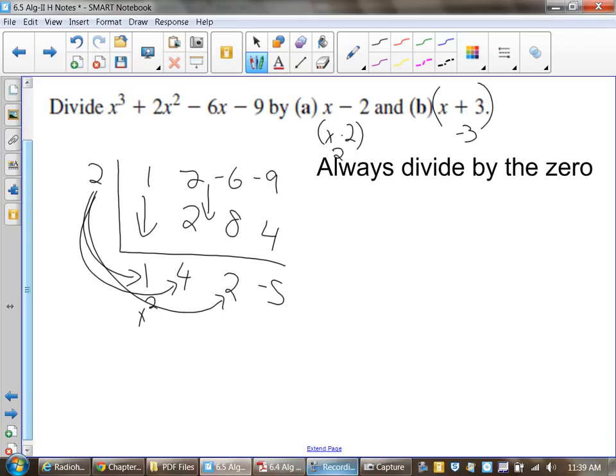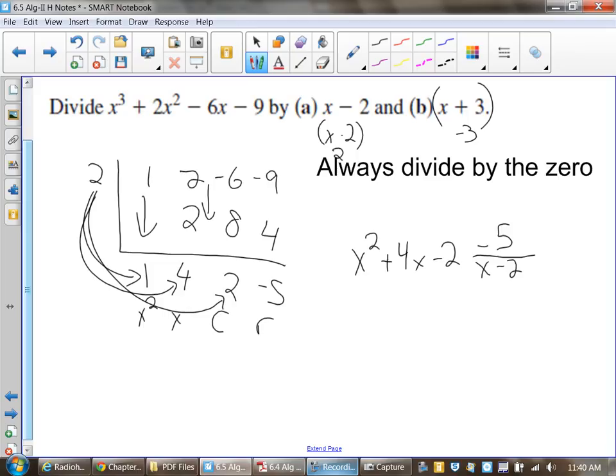So this is your x squared, this is your x, this is your constant, and this is your remainder. So if I divide x cubed plus 2x squared minus 6x minus 9 by x minus 2, my answer would be x squared plus 4x plus 2 minus 5 over x minus 2, because that negative 5 is the remainder.